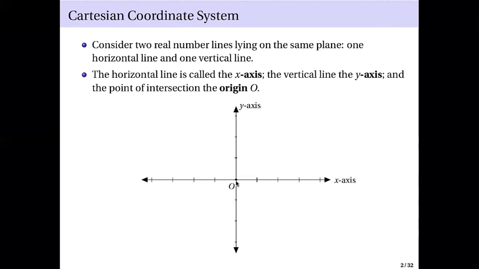This origin we will denote by 0 or O. But later we will see how we will denote this in terms of these two coordinate axes that we introduced.